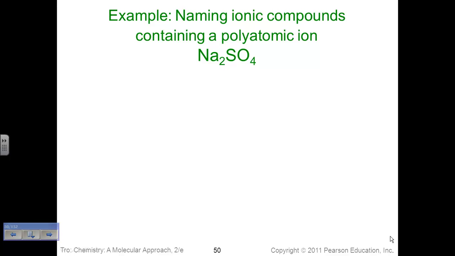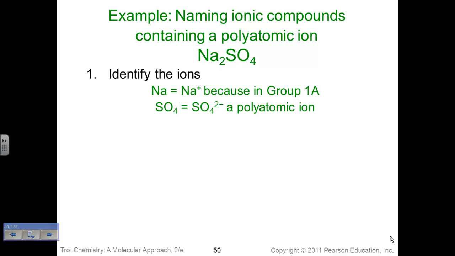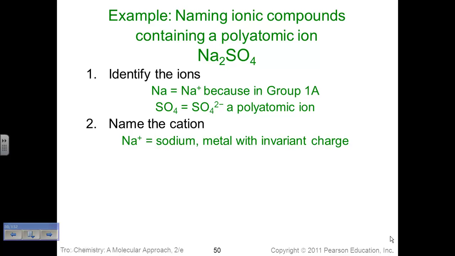Start by naming the positive ion first, just as any of the rules asked us. The positive ion Na is found in group 1A. Its name is sodium. Because it lives in group 1A, we know it to be a +1 charge. Leaving a group of atoms acting as a unit carrying a negative charge, the very definition of a polyatomic ion.